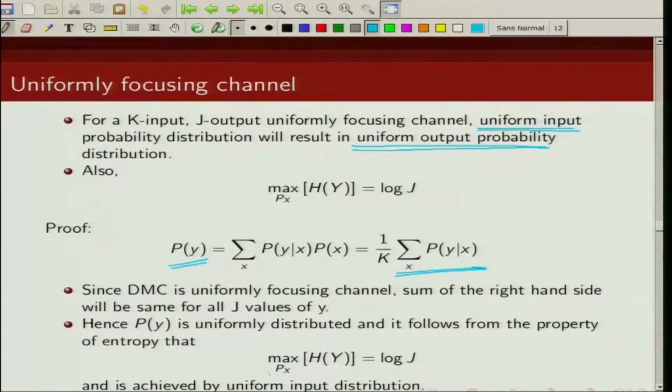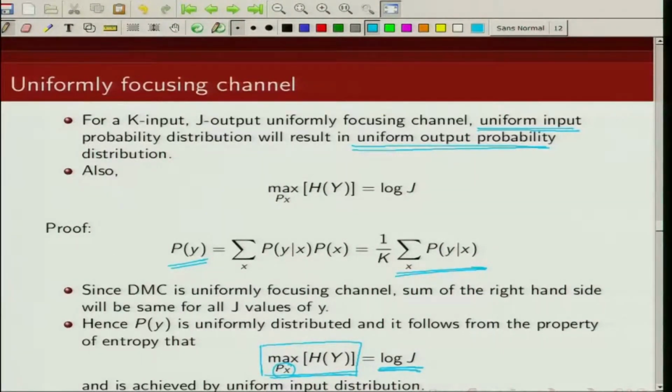And since we know that h of y lies between 0 and log of j, an input distribution will result in an output distribution which is also uniform, and the maximum value of h of y for a uniformly focusing channel is given by this.